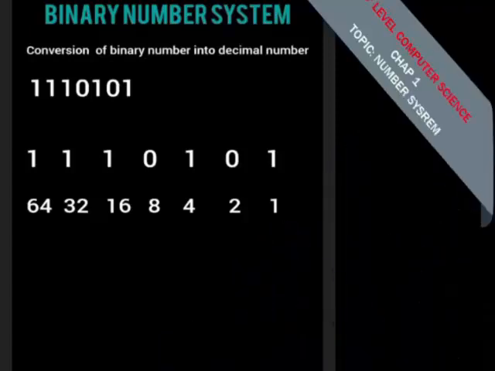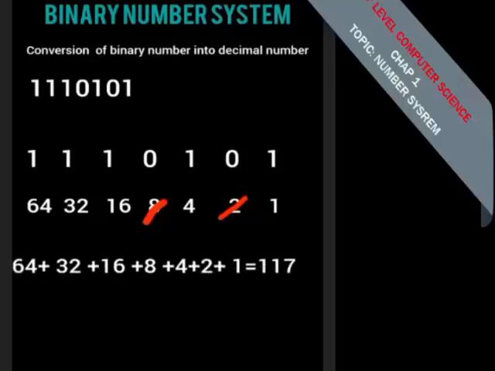Next you just need to cross out the weight value under a 0. So here is 0, so you cross out 2, and here is also 0, so you cross out 8. Finally we add the remaining weight values: 1 plus 4 plus 16 plus 32 plus 64, and it will be 117.